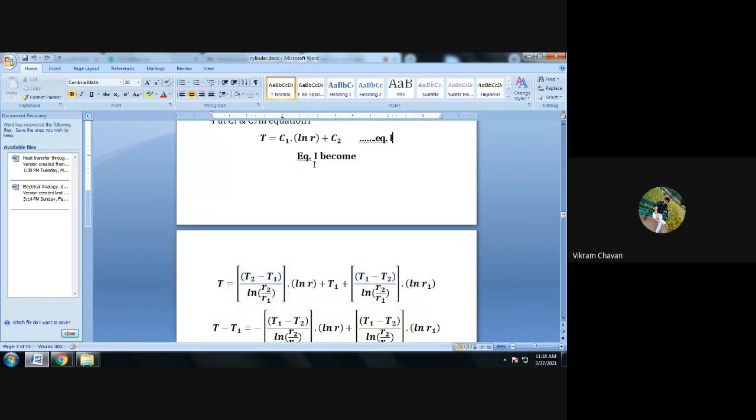We have just put C1 and C2 in equation Roman 1. You also do this operation.